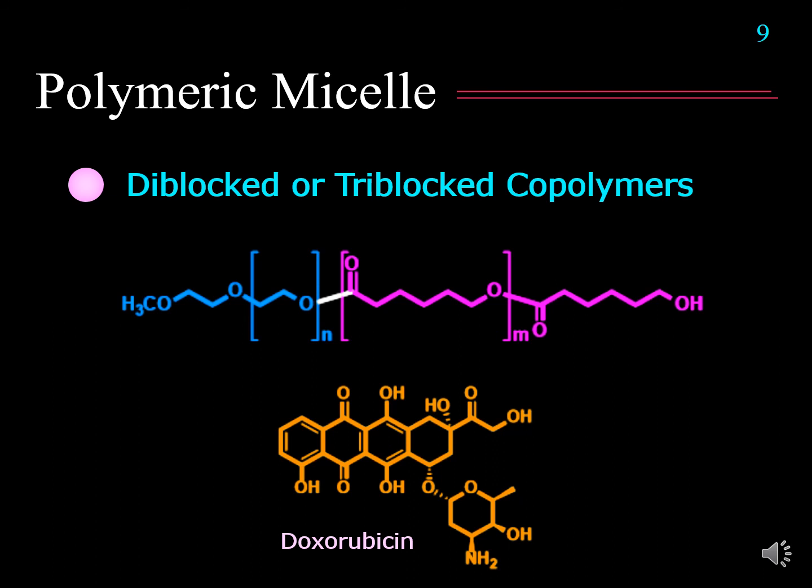Another advantage is that we can prevent the doxorubicin from dissolving into the blood vessels and going to any organs, and instead control the flow of our doxorubicin. Moreover, sometimes we can also do surface modification by chemical reactions with the blue parts.